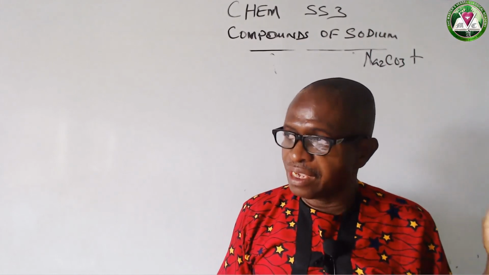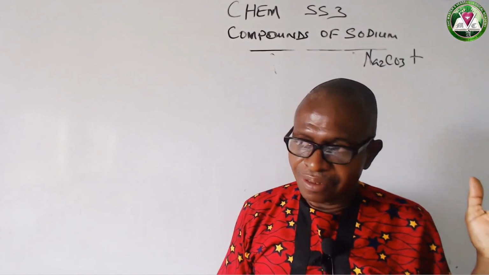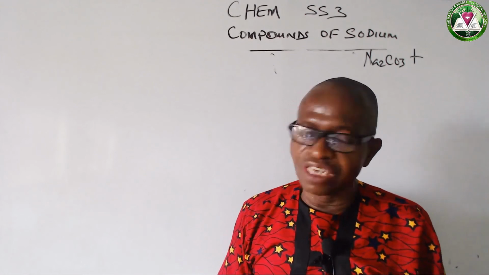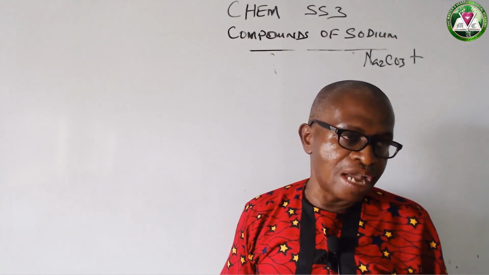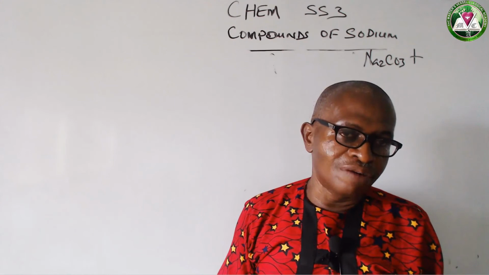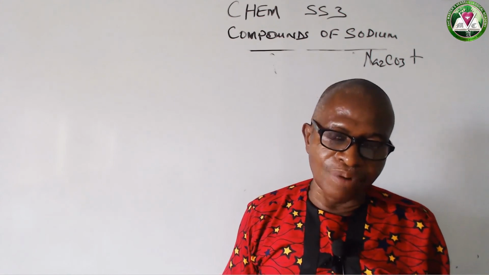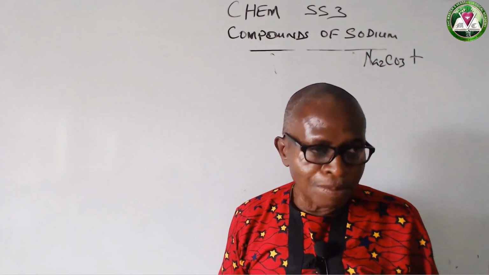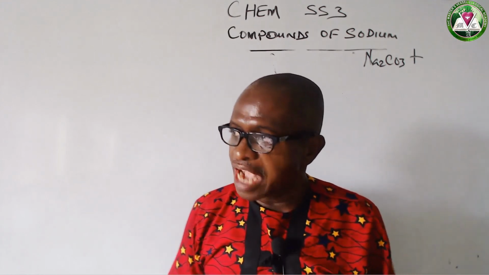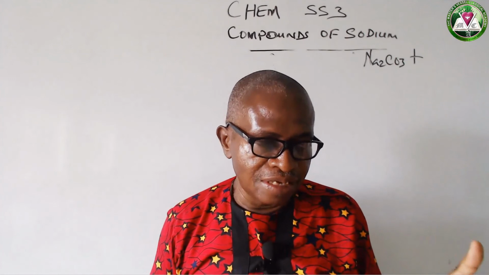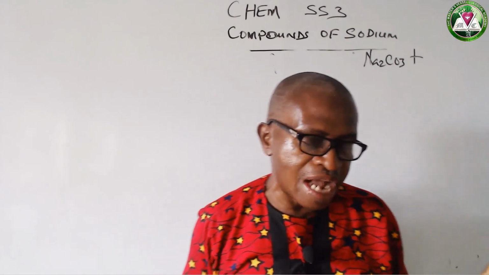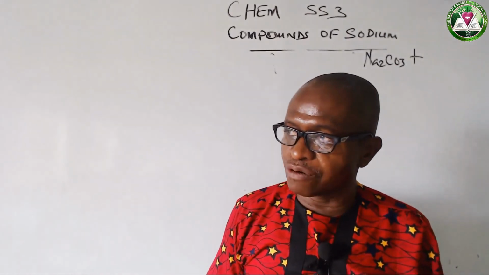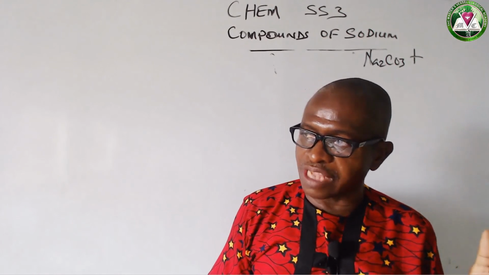Then we looked at the chemical properties. We saw that when you expose sodium hydroxide in air, it will form sodium trioxocarbonate(IV). Then we looked at the reaction of sodium hydroxide with an acid. It's a neutralization reaction. When sodium hydroxide reacts with an acid, it will give you salt and water only.